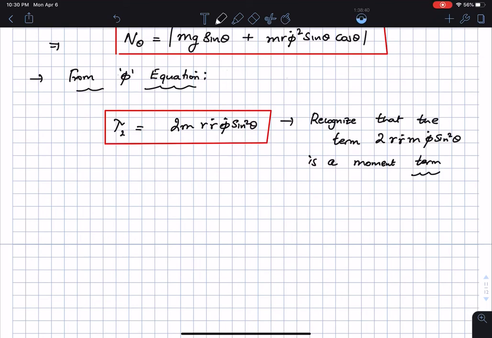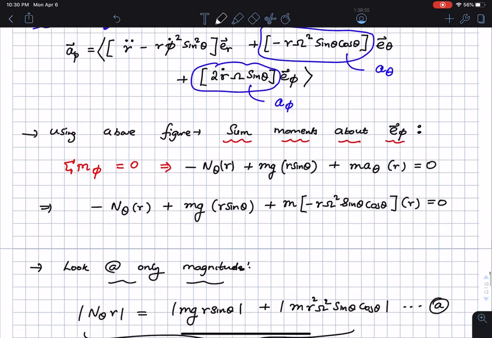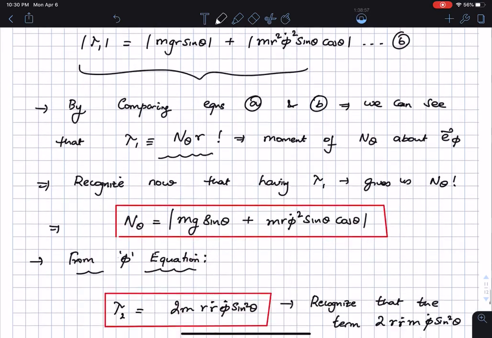So this is actually going to be the acceleration in the phi direction. If you take m times a phi, which, if you go back here, is 2r dot omega sine theta or phi dot sine theta.